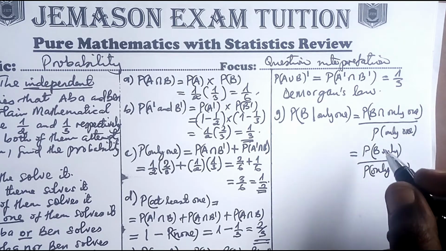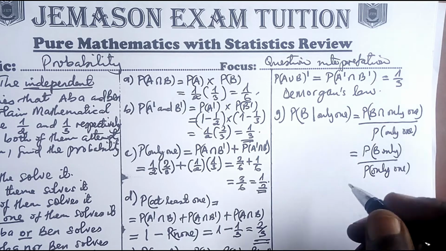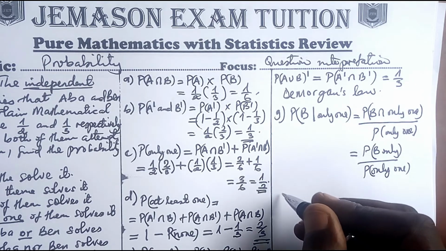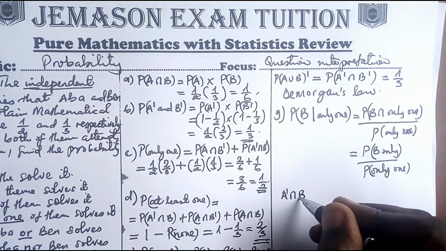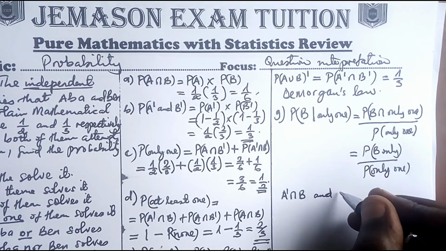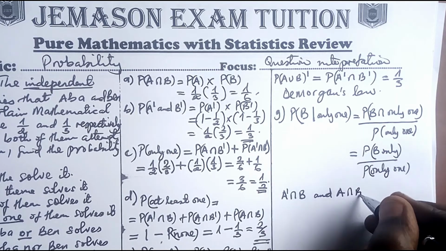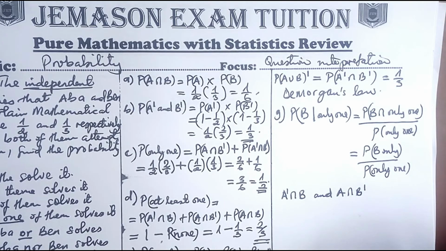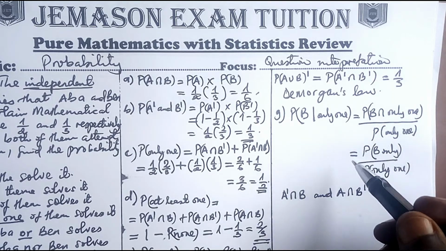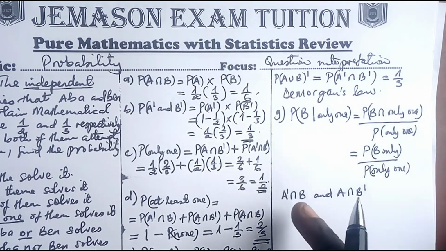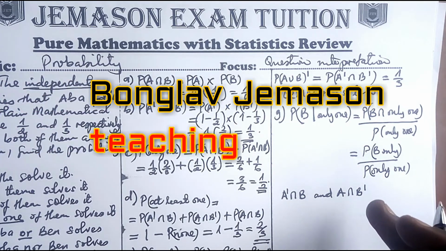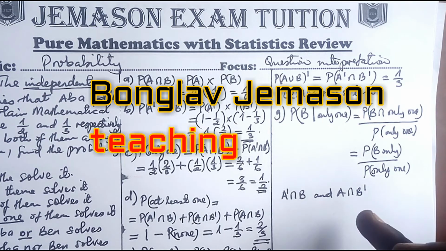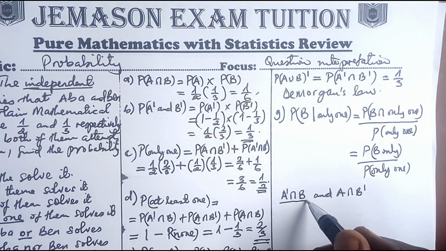The reason is that if I have the sets, let's look at it this way. There is A prime intersection B and A intersection B prime, because actually the set only one of them includes these two. For it to be that there is only one of them solving and it is B who solves, boils down to only B solving.